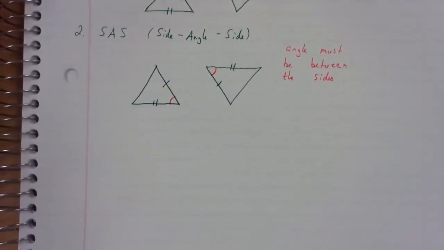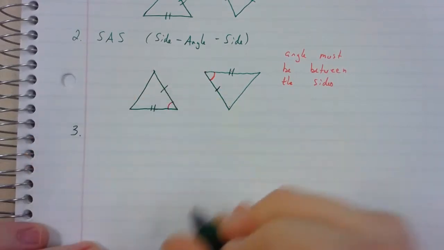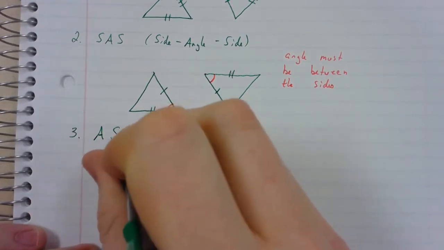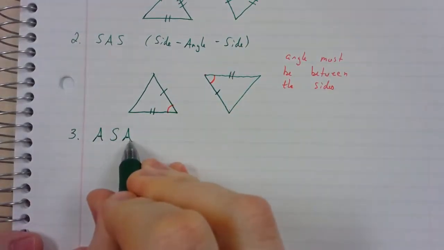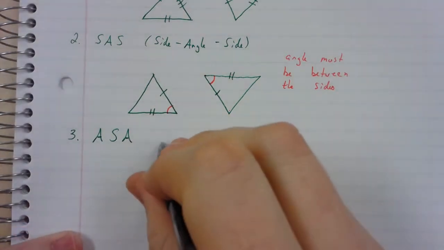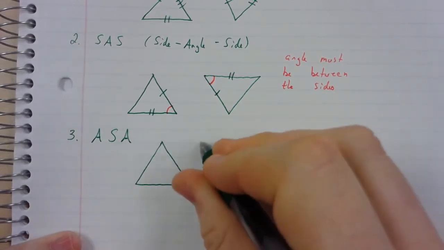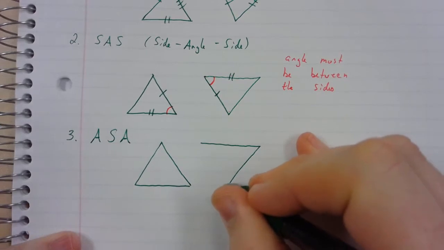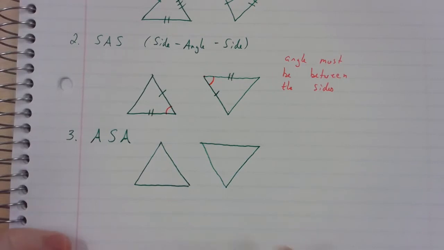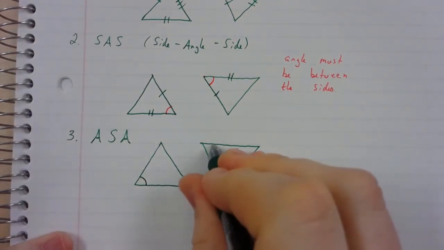Our next shortcut. Number 3, ASA. What does ASA stand for? Angle, side, angle. All right? Now this is going to be the same thing, right? I'm going to have 2 sets of congruent angles, right? It's going to be 1 angle, maybe congruent to this angle, right?